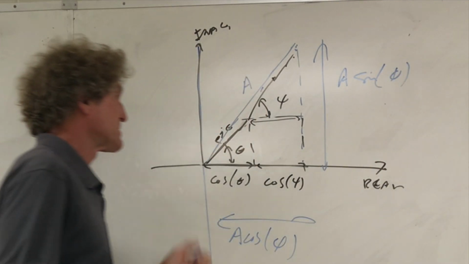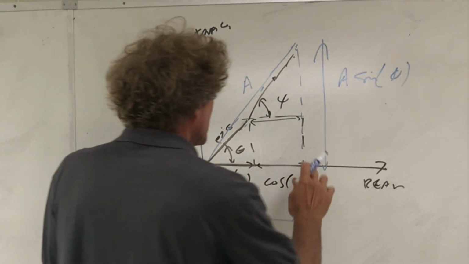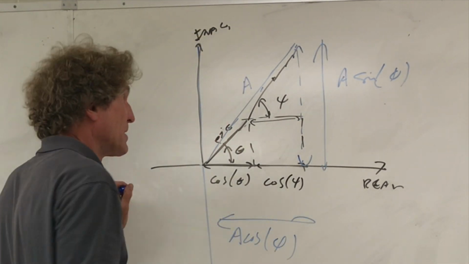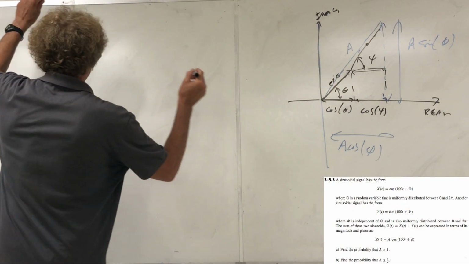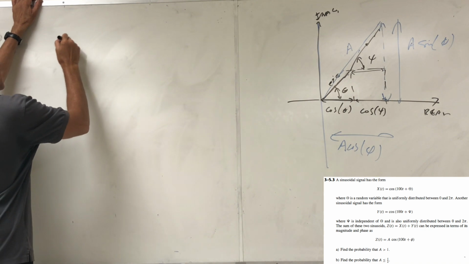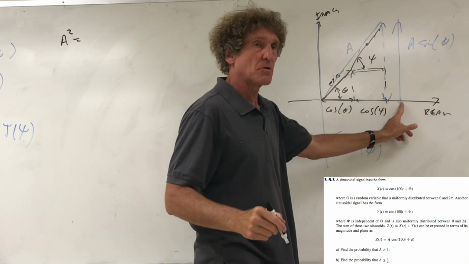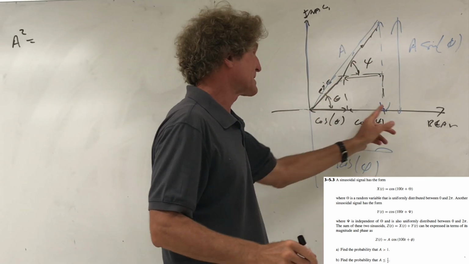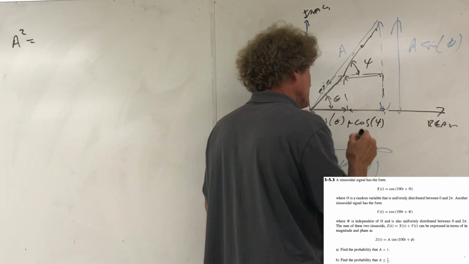Take a look at that for a second and first convince yourself what I've shown you is right. This is the actual projection I'm showing there. If I look at the magnitude of a here, a squared is going to be this term squared plus this term squared. I know this length is cosine of theta plus cosine of psi.